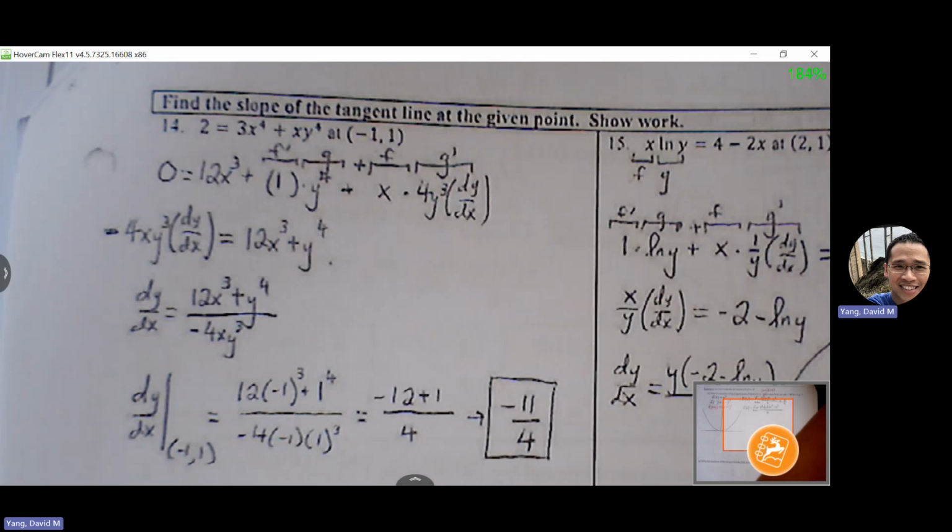So this indicates that I want to find the derivative at a point. It feels a little bit awkward because you have two numbers to indicate that you want to plug in. But this is the notation used to indicate that I need both the x and y value, because the derivative requires both variables.